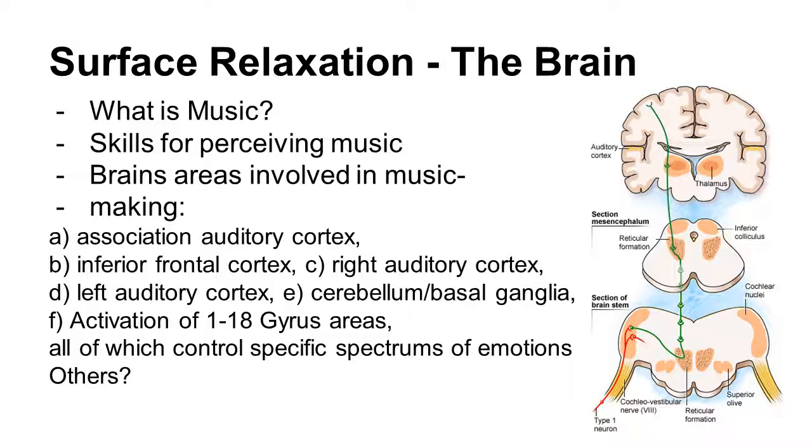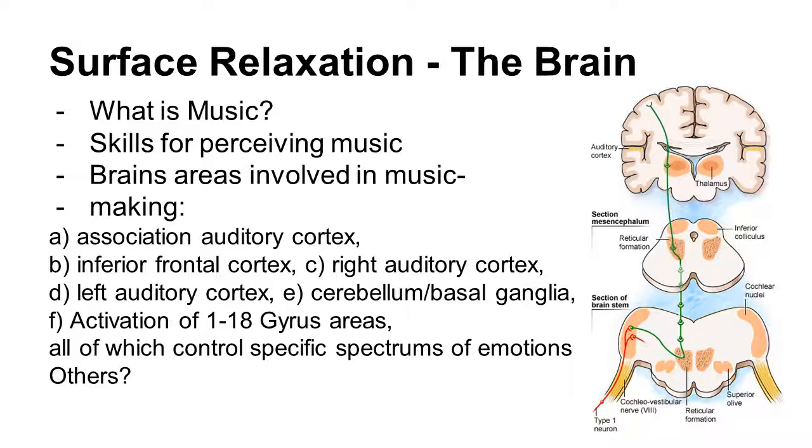The brain areas involved in making music include the association auditory cortex, which recognizes the complex sounds, the inferior frontal cortex, which recognizes harmony, the right auditory cortex, which recognizes the fundamental beat of the music, the left auditory cortex, which recognizes the rhythmic mini-pulse over the fundamental beat, and the cerebellum and the basal ganglia, which recognize timing of musical rhythms.